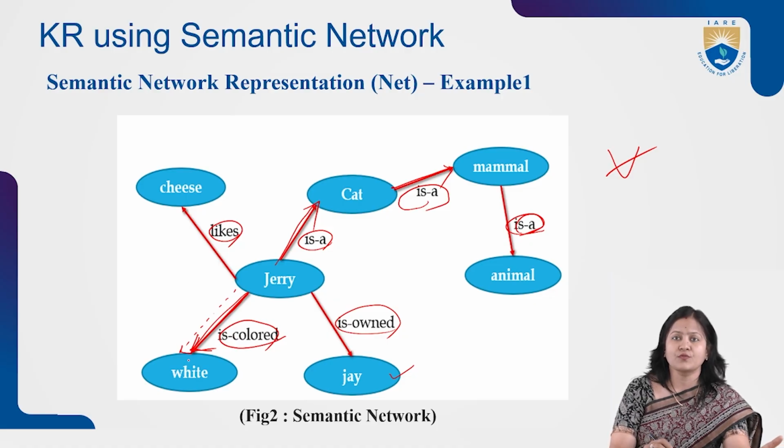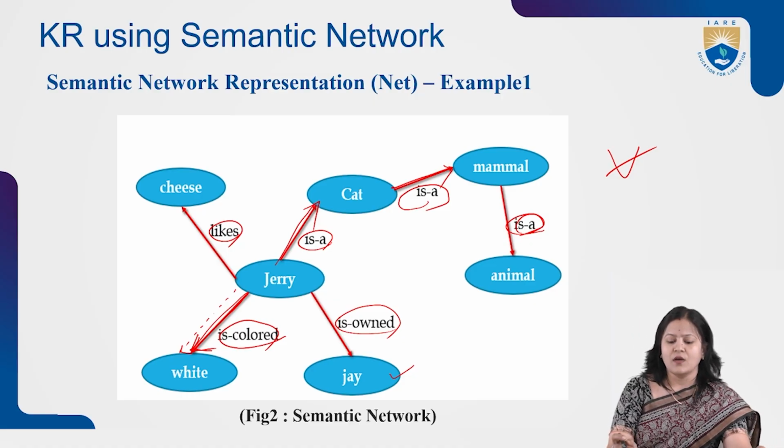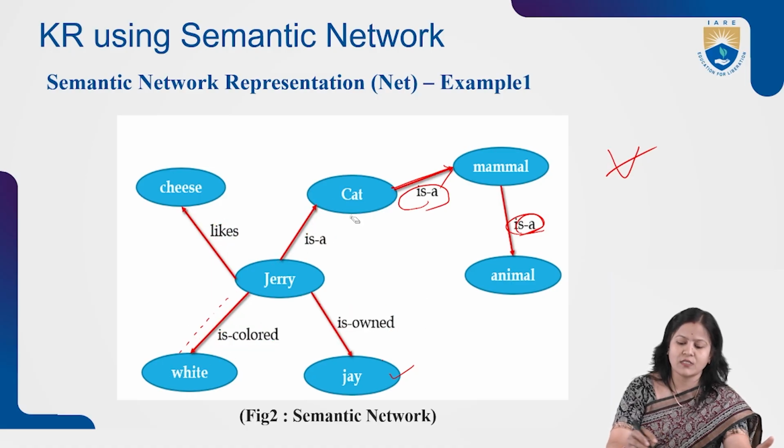Because it is the attribute, we can differentiate which one is the attribute, which one is the class and which one is the subclass. So Jerry is a cat, Jerry likes cheese, Jerry is a mammal, and all mammals are animals. Jerry is owned by J, and Jerry is white colored, right? So this is the way of representing all the statements.